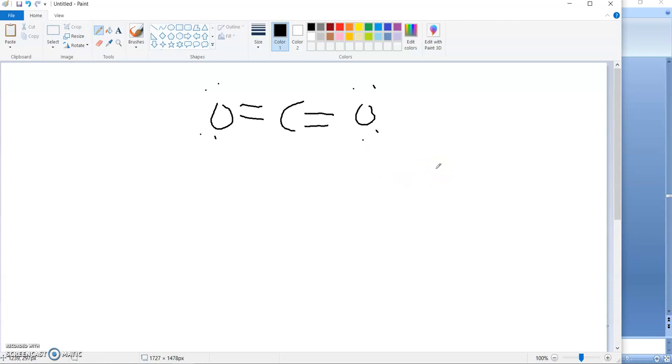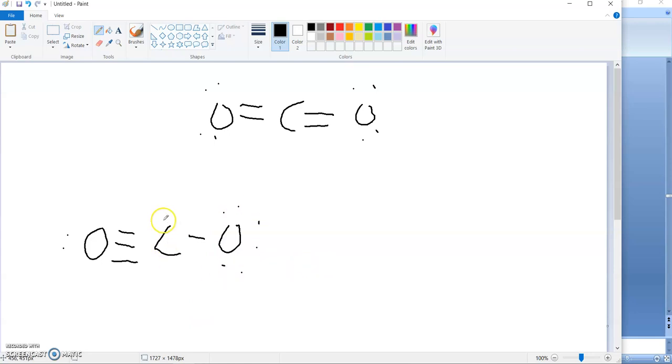But could we have done it a different way? Well, let's come over here. Couldn't we have put 3 bonds over here and only 1 over there? Now, that means 2, 4, 6, we only need a lone pair here to get to 8. And then here we only have 2, 4, 6, 8.